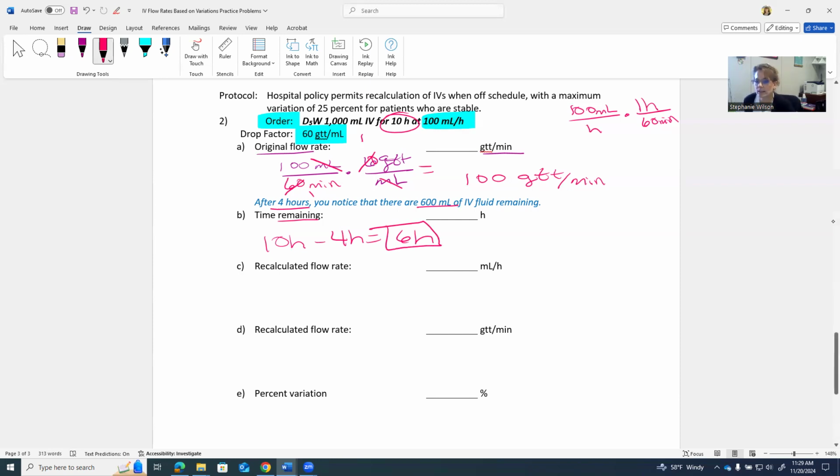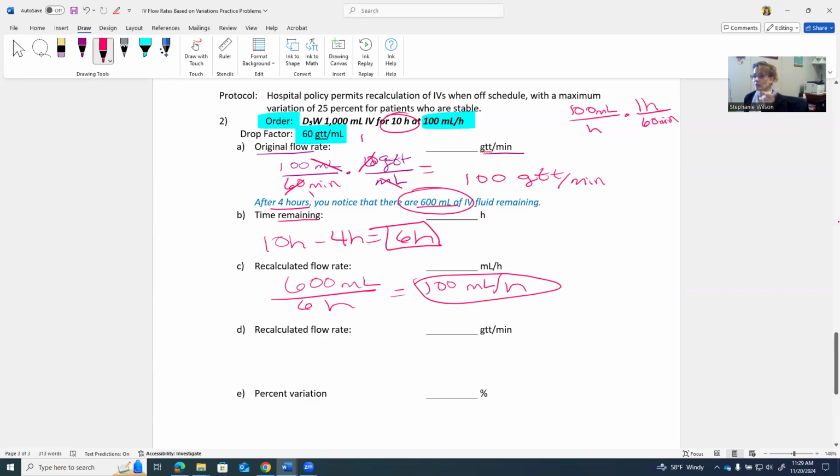Now let's recalculate our flow rate because we have a different volume left and a different time. Our remaining volume is 600 milliliters and our remaining time is 6 hours. That works out to 100 milliliters per hour. That is our recalculated, adjusted milliliters per hour.